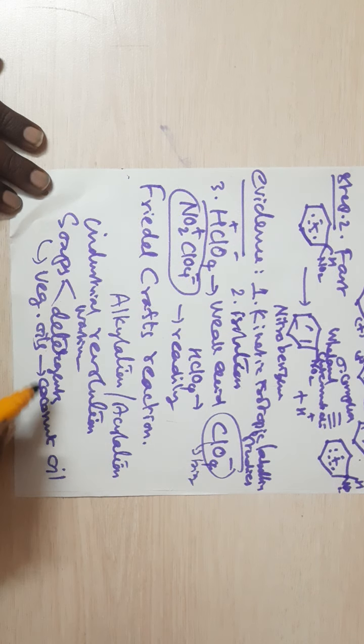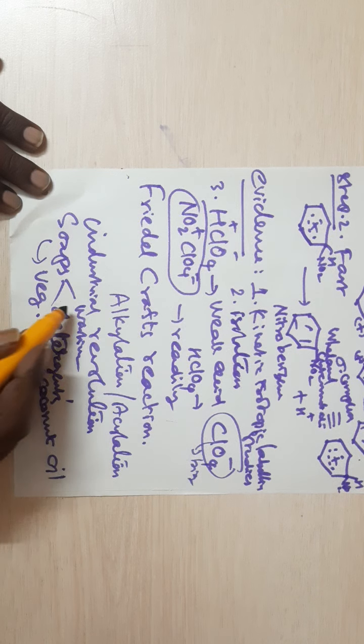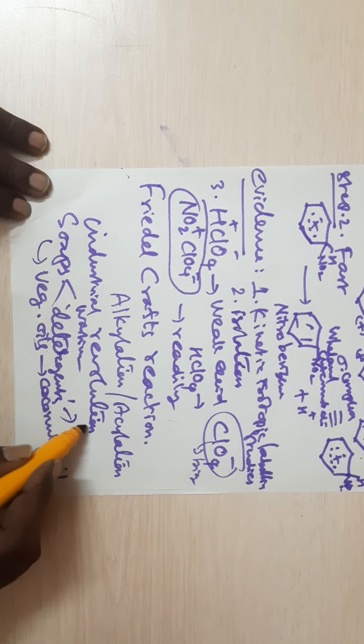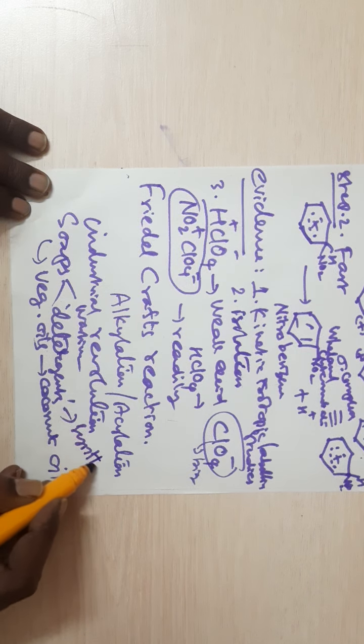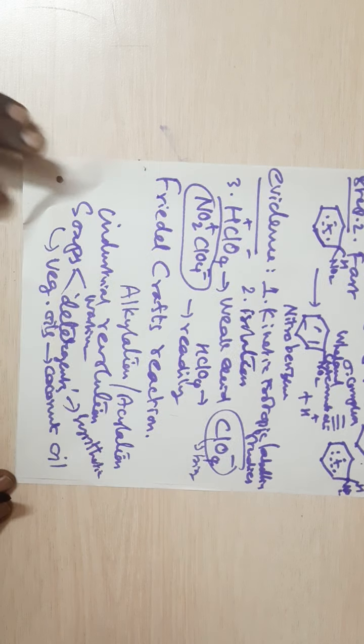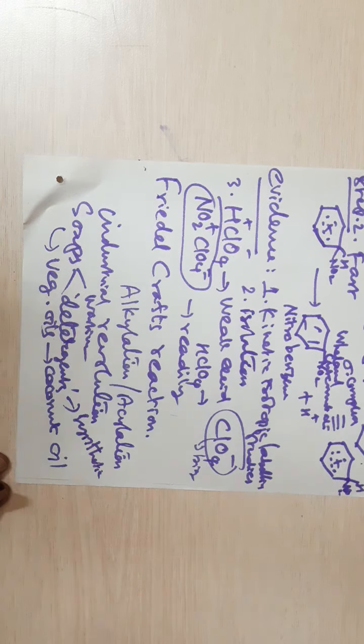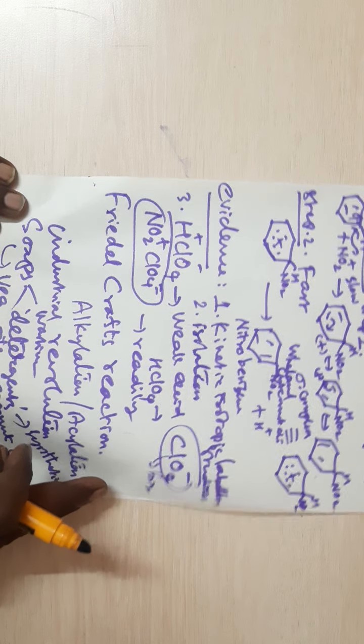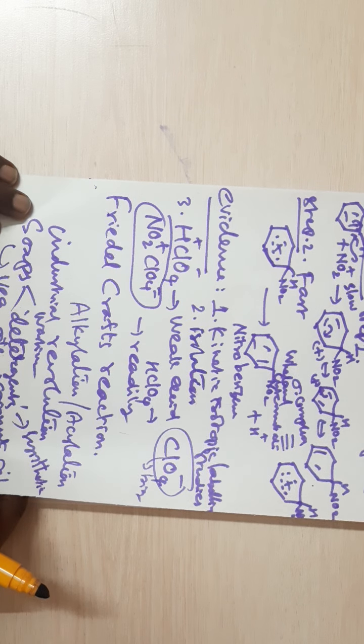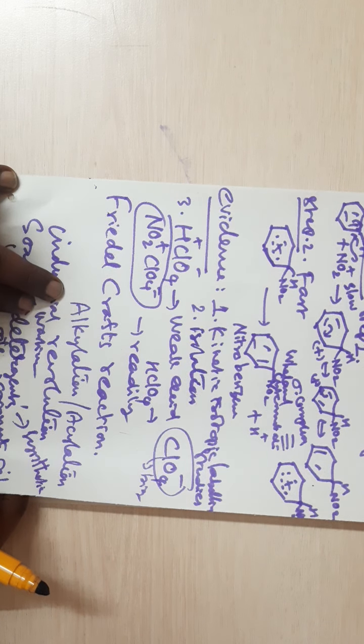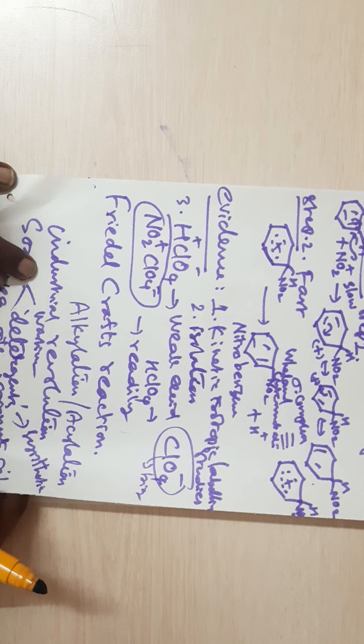That is, the scientists were able to make synthetic detergents from aromatic compounds by applying the Friedel-Crafts alkylation and acylation reactions. So it is how the chemical reaction has produced the industrial revolution, the chemical industrial revolution.